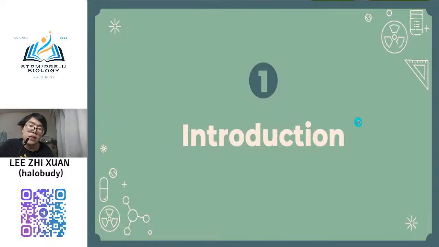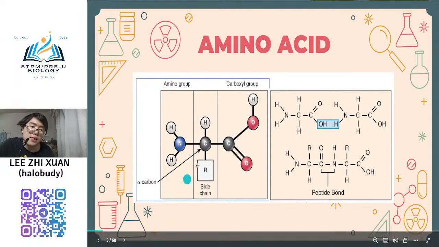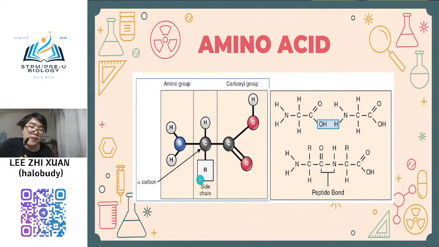As you guys know, the basic unit of protein is amino acid, right? So this is the structure of the amino acid. You can see that the basic amino acid structure has a carbon at the center, and it contains two groups: an amino group and also a carboxyl group.